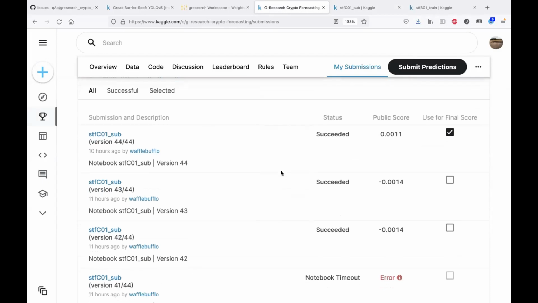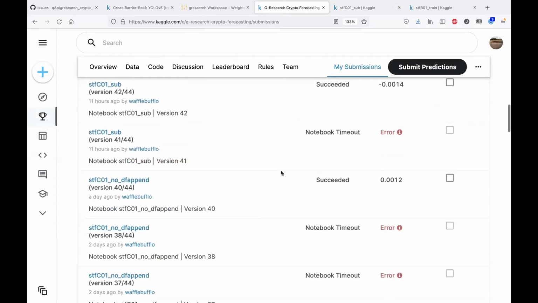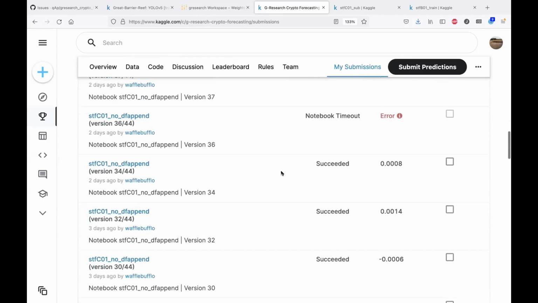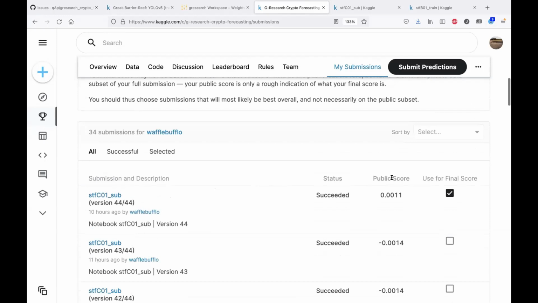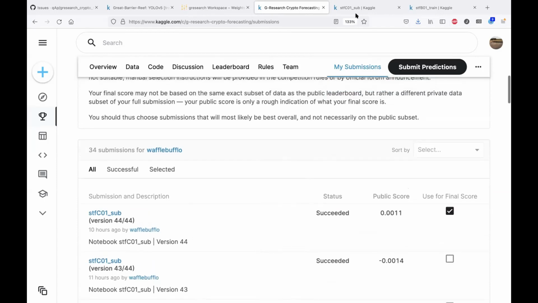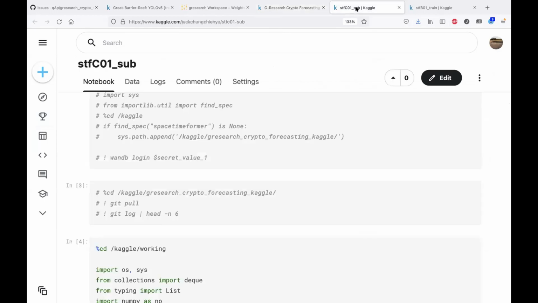And the highest score I got with that was actually this, a higher score than the highest score I got using a trained model. Yeah, that's what I've been up to this past week.